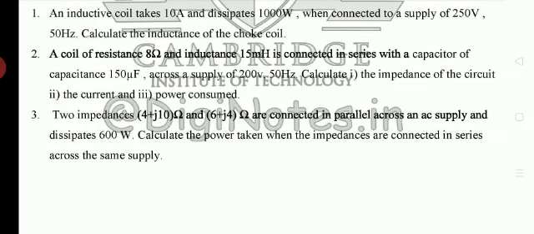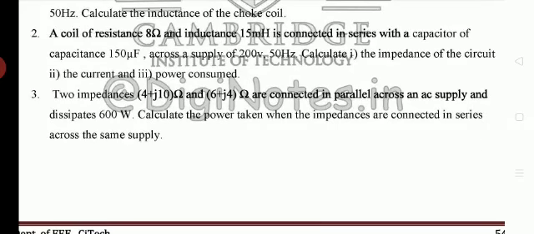Third problem. Two impedances. Such problems require more concentration, because the two impedances are given in rectangular form. I'll explain in brief; later we'll see how to solve such kinds of problems.